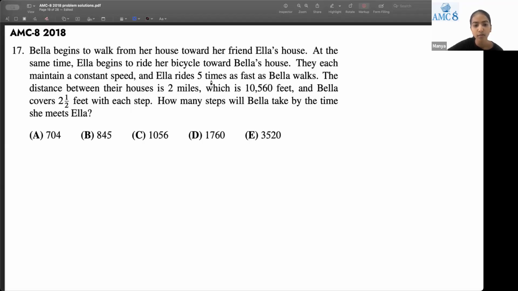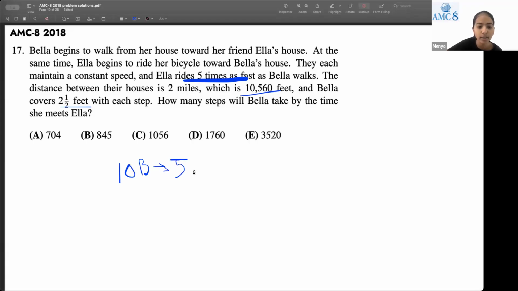So Ella's riding 5 times as fast as Bella, and the distance is equal to 10,560 feet, which is 2 miles. We know that Bella can walk 2.5 feet per step. So for every 10 feet that Bella walks, Ella can travel 50 feet.